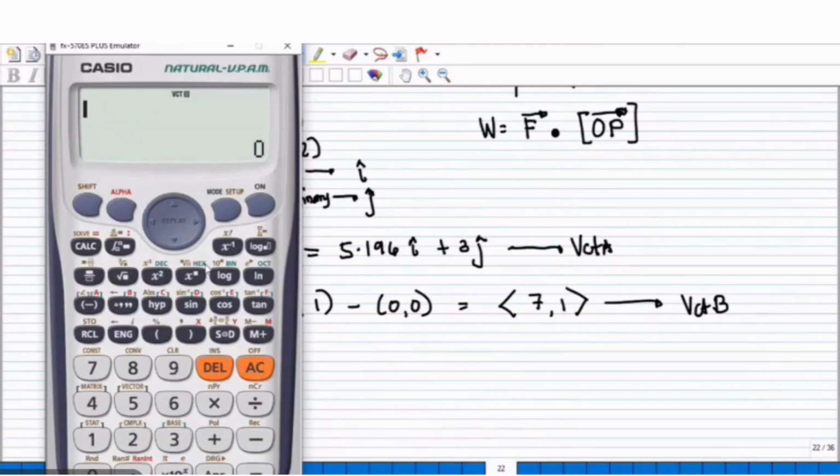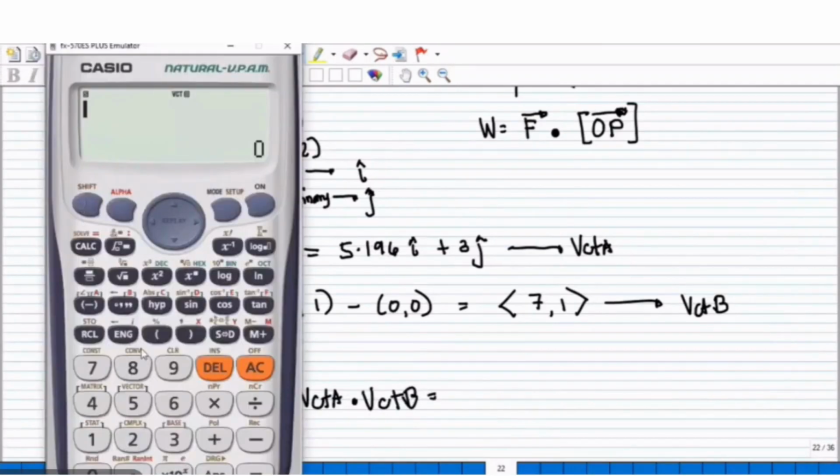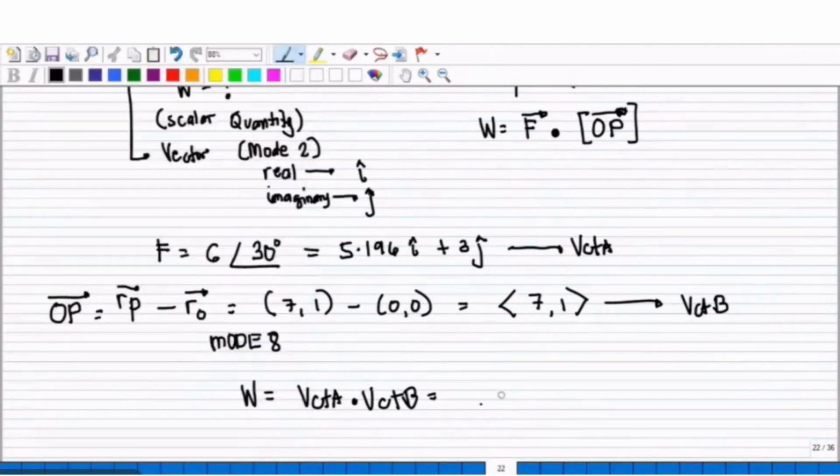Then, press AC. So, your work now will be what? Okay, work will be equal to the force. Okay, so vector A dot vector B. So vector A dot vector B. Okay, so this is equal to 39.372.